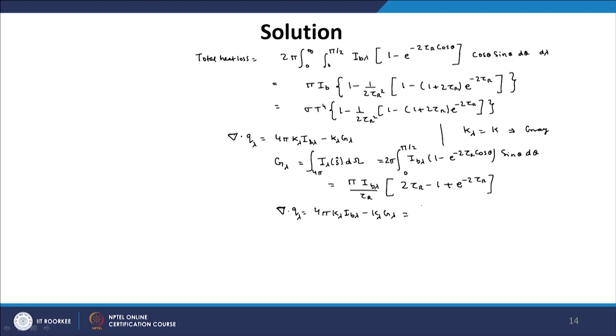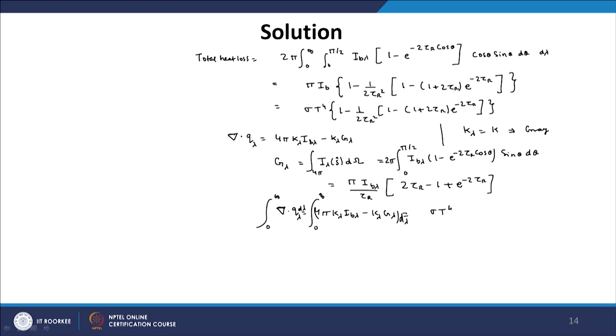So, we substitute the value of G lambda here and we get sigma T, and we also integrate over all the wavelengths d lambda.